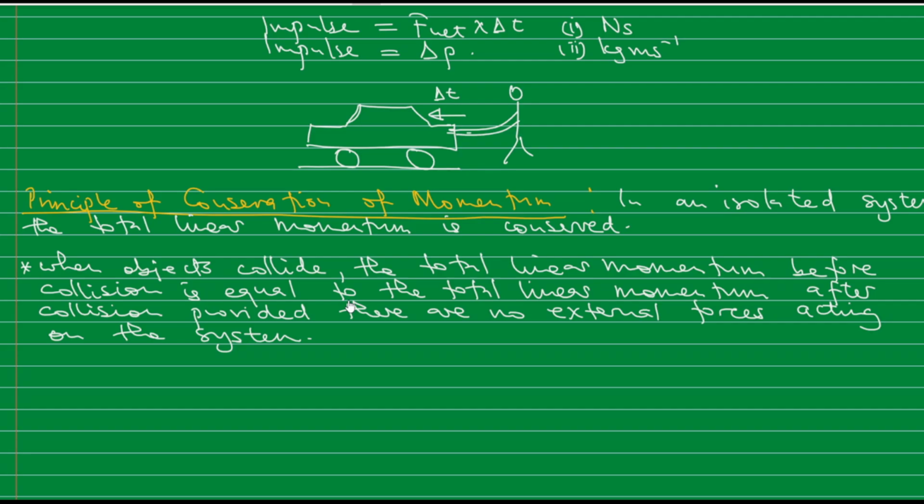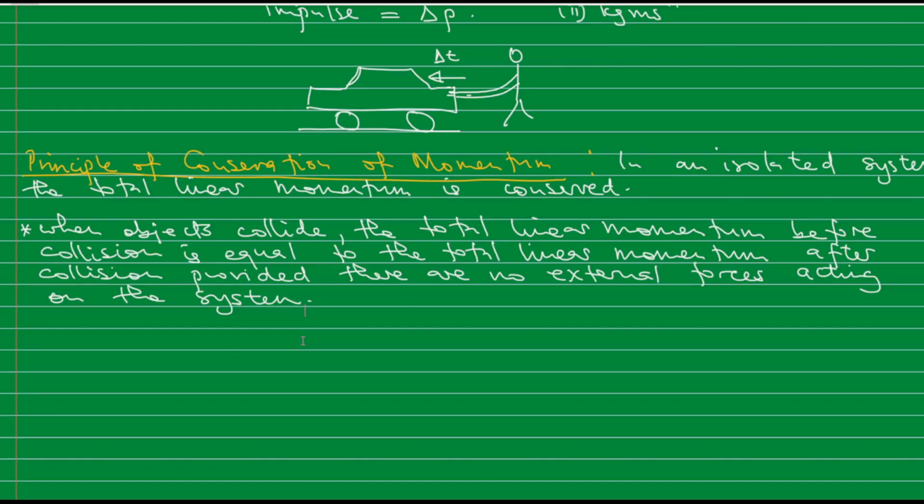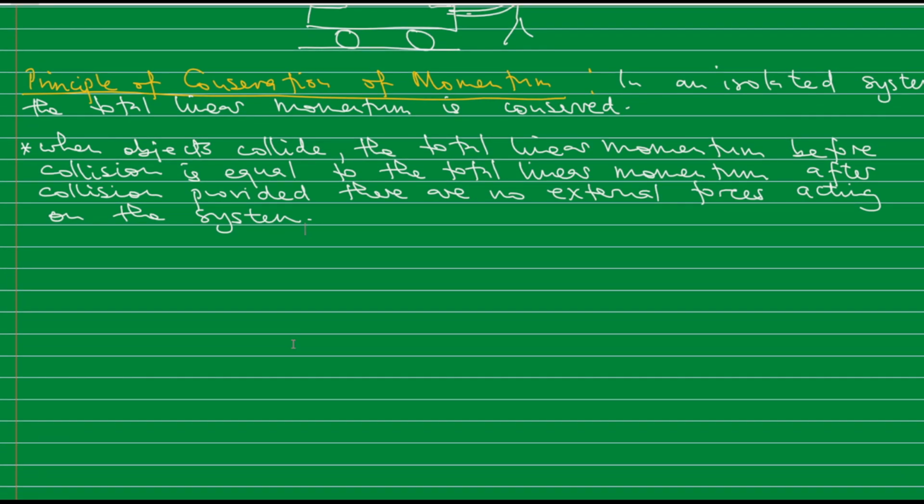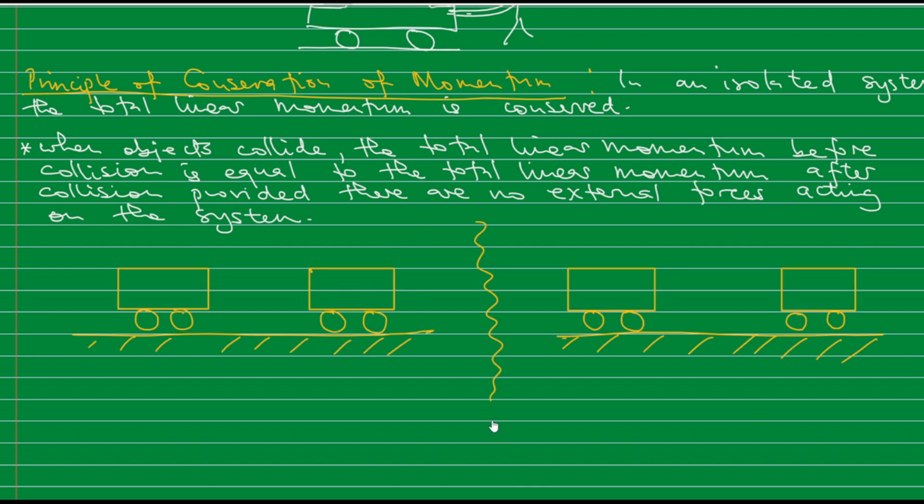So let's dissect this principle for a while, so that it's very important that we understand this principle. Now what I have here is a system of, let's call them trolleys. This trolley has got a mass, let's call it mass 1, and this one has got a mass 2.